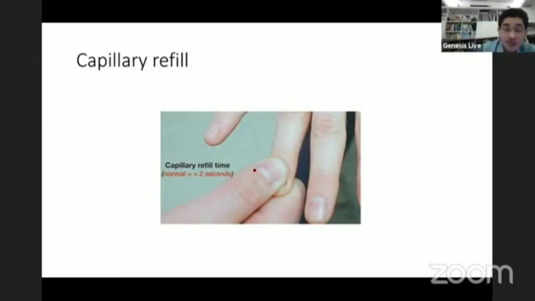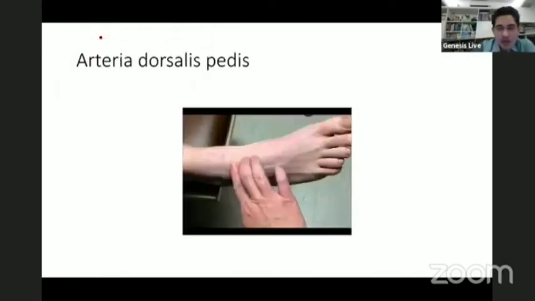Very simple test, but a very, very good test, because sometimes there's so much edema it's very difficult for you to palpate for the vessels, and you are confused. But this is a very, very good test. Capillary refill will always give you a good idea about the vascularity of the limbs.